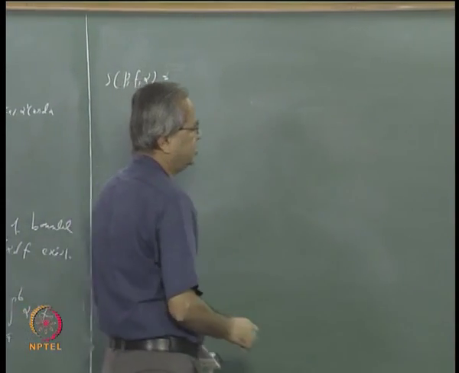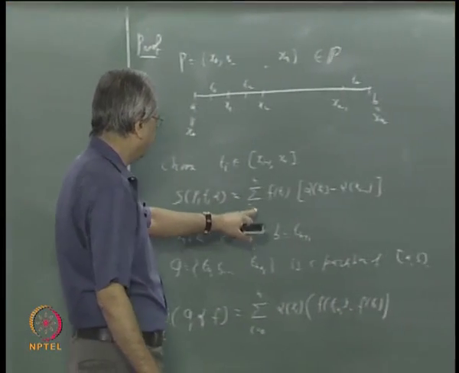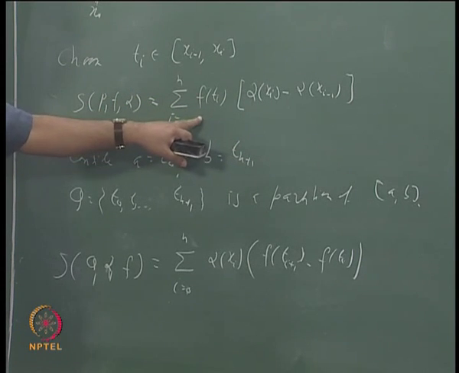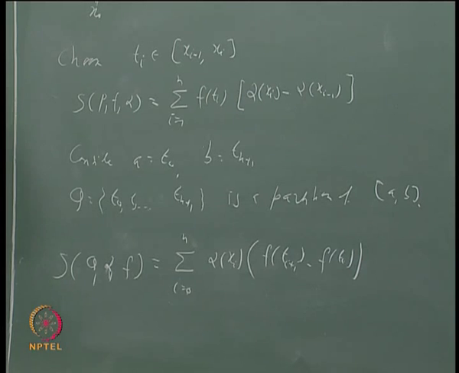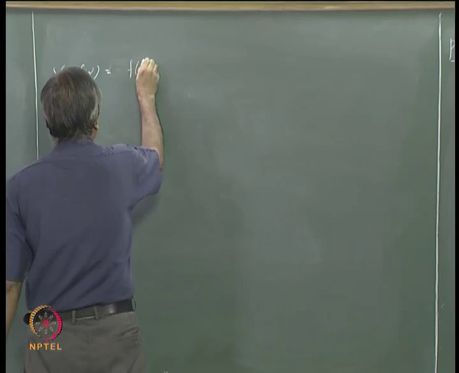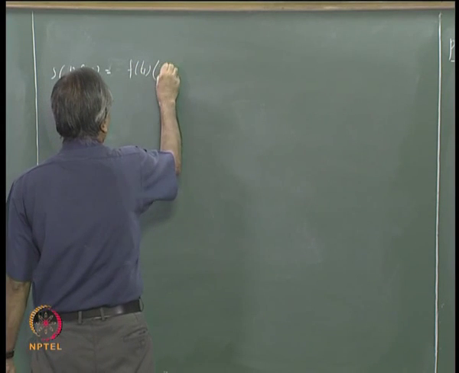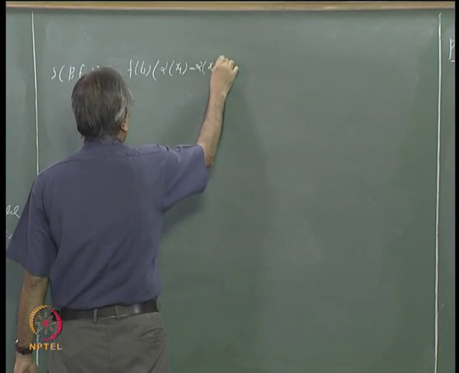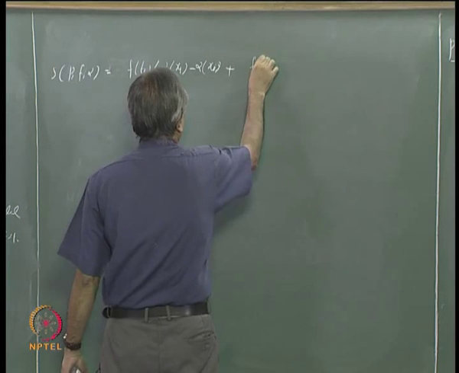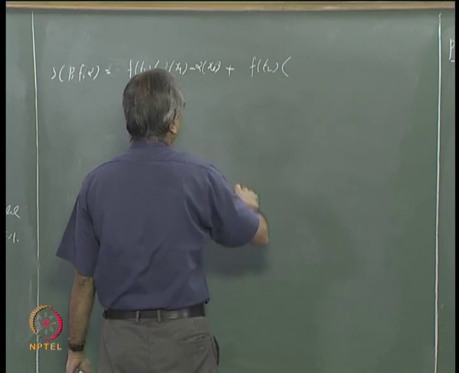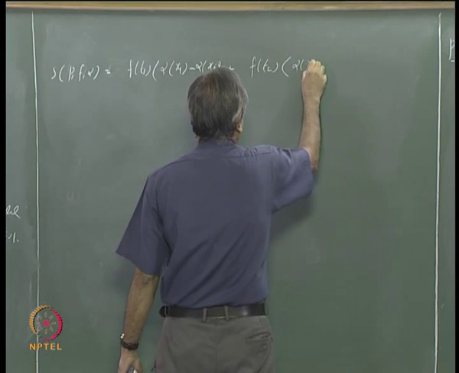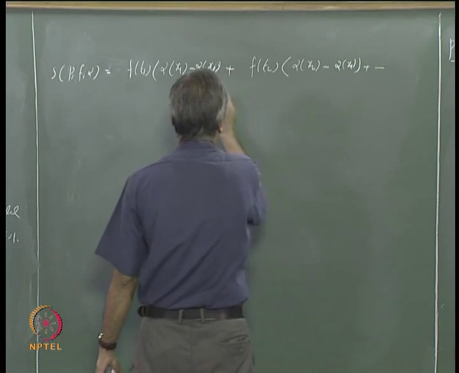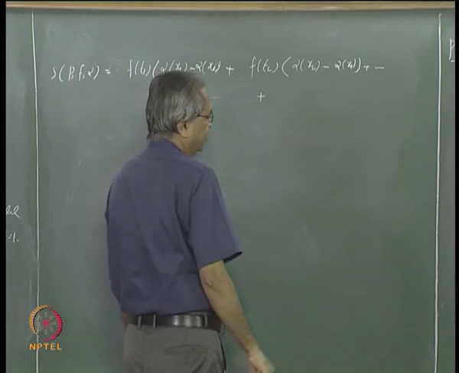What is the first term? It is f T1 into alpha x1 minus alpha x0, for i equal to 1, then plus f T2 into alpha x2 minus alpha x1, etc. So what is the term corresponding to i equal to n?